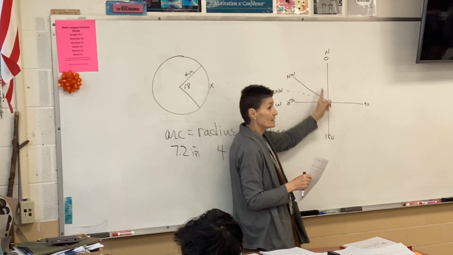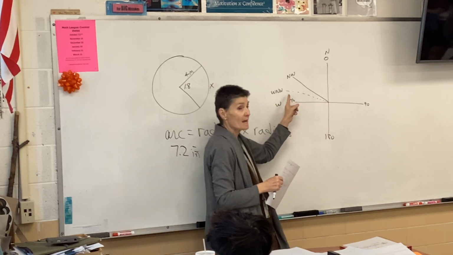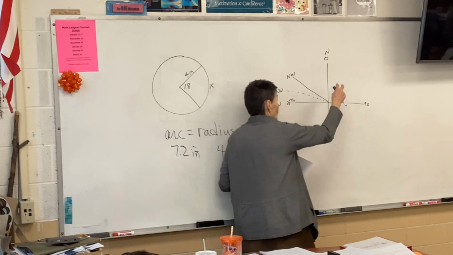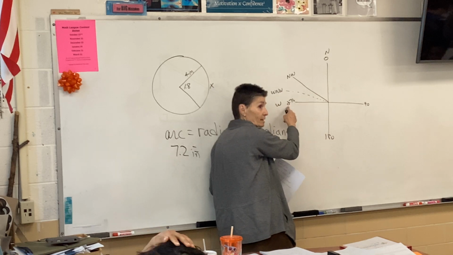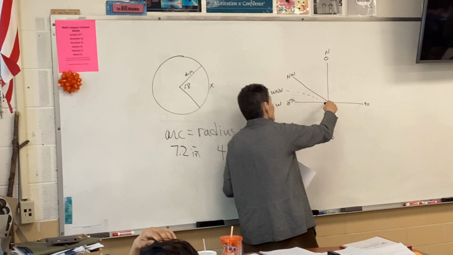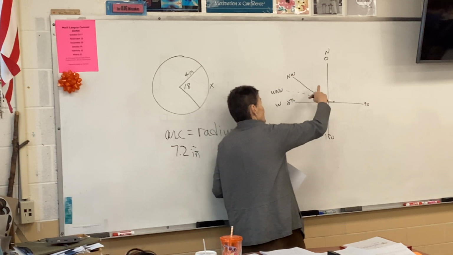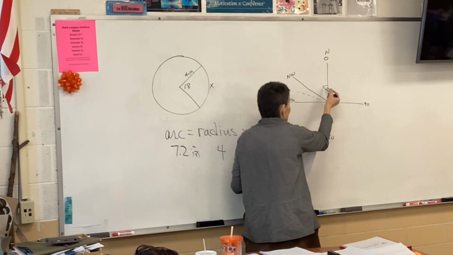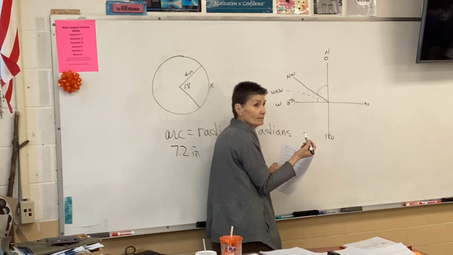This one would be north, northwest. But I want my dash line, okay? So remember, the quadrants are all 90s, so that's 270. When I draw in the northwest line, that splits this quadrant in half, so that's 45, and the whole thing here is 45.